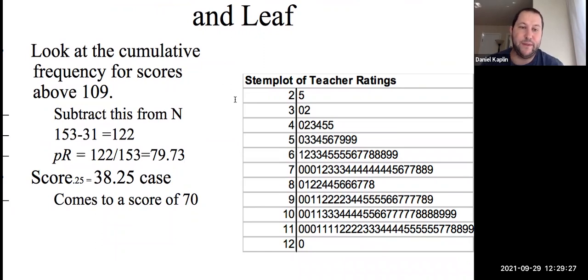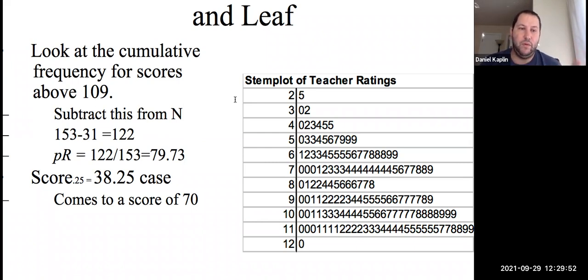So if you did the first calculation and you went down the chart to number 122, you would get a percentile rank of 79.73, which is not as precise as the calculation we did, right? It's close, but not as accurate.